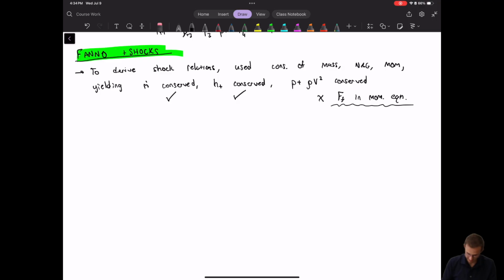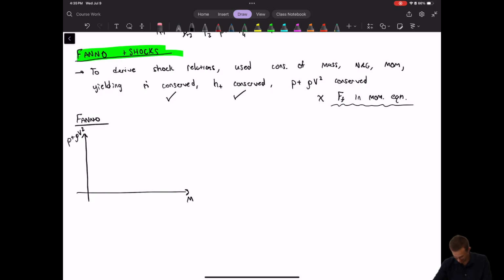So what do I mean by that? Well, let's look at this quantity for Fanno Flow. I'm going to plot P plus rho V squared as a function of the Mach number. Okay, that looks like something like an upside down parabola.